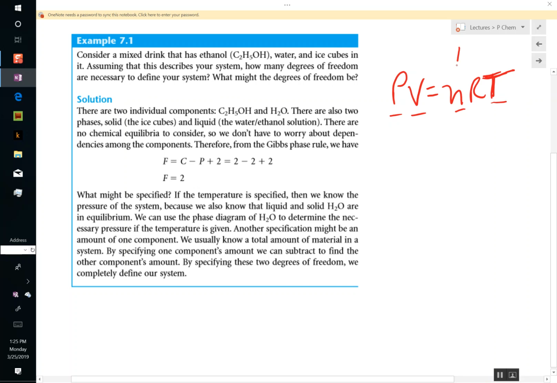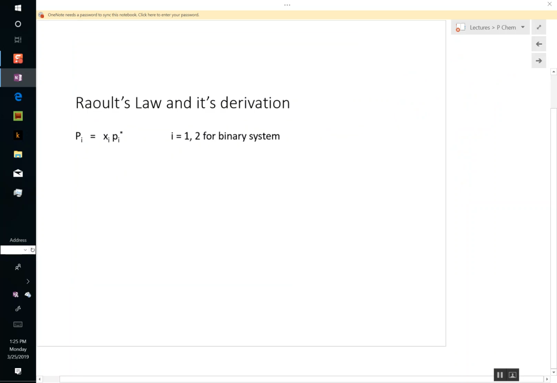In some cases, you might not know the moles, you might know the grams, which is a step closer to the moles. That's kind of what we're looking at here. You might have a complicated system, but there may be enough interconnections between it that it can be described fairly easily.